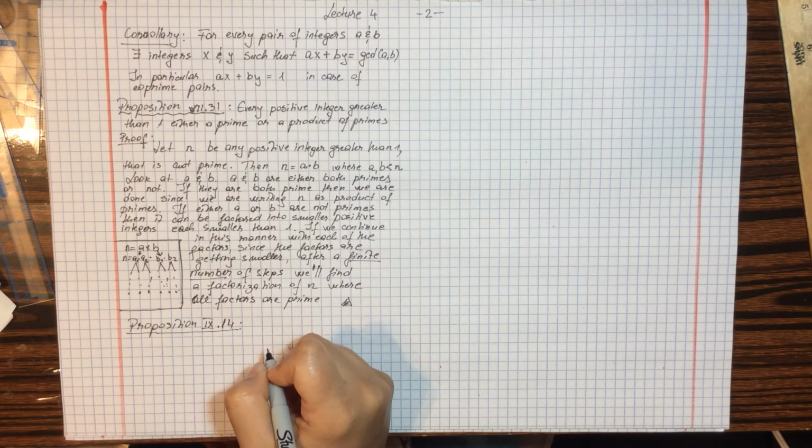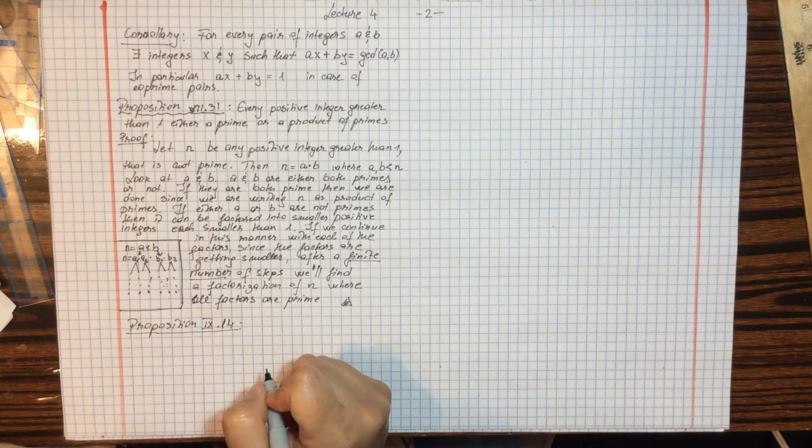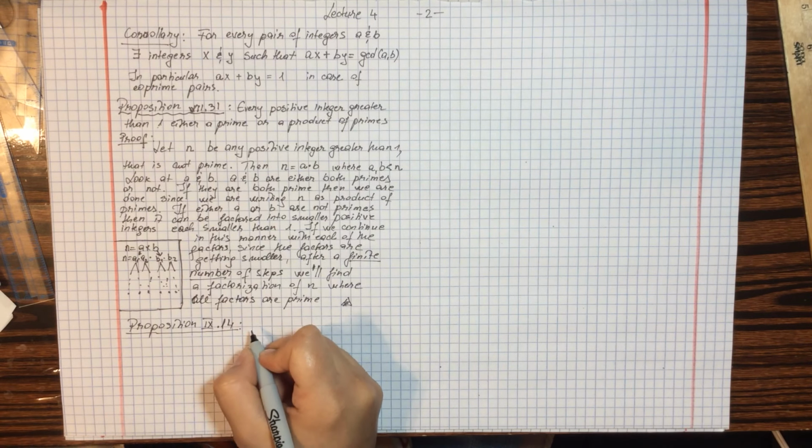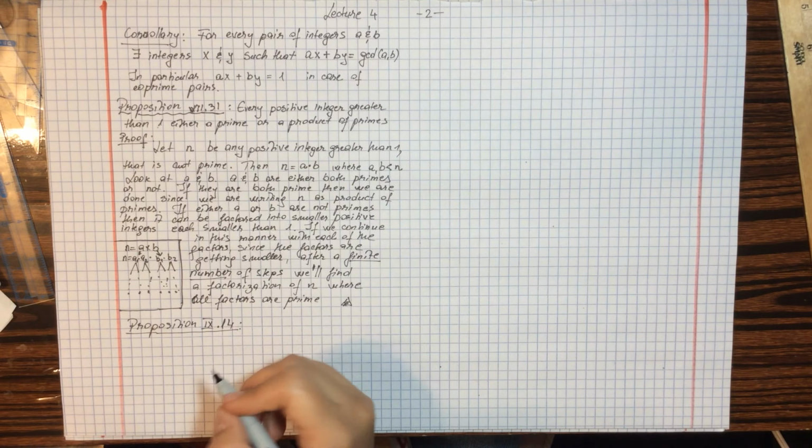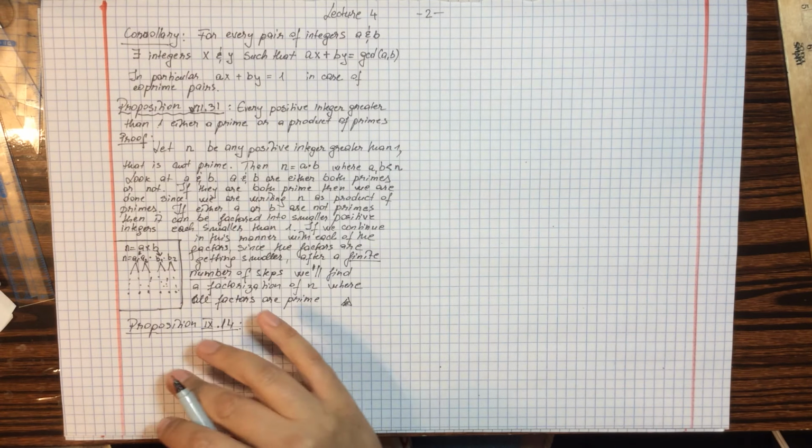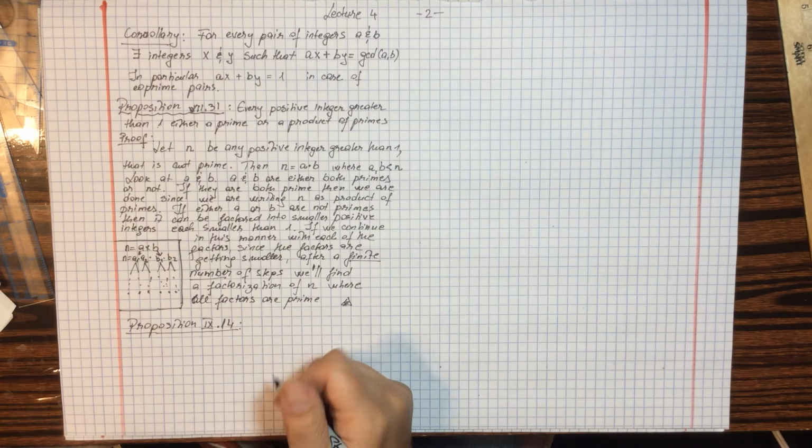It says the following: a composite number can uniquely be factored into primes. Well, that's not the original statement, so I'm going to write the original statement, but that's basically what it means.